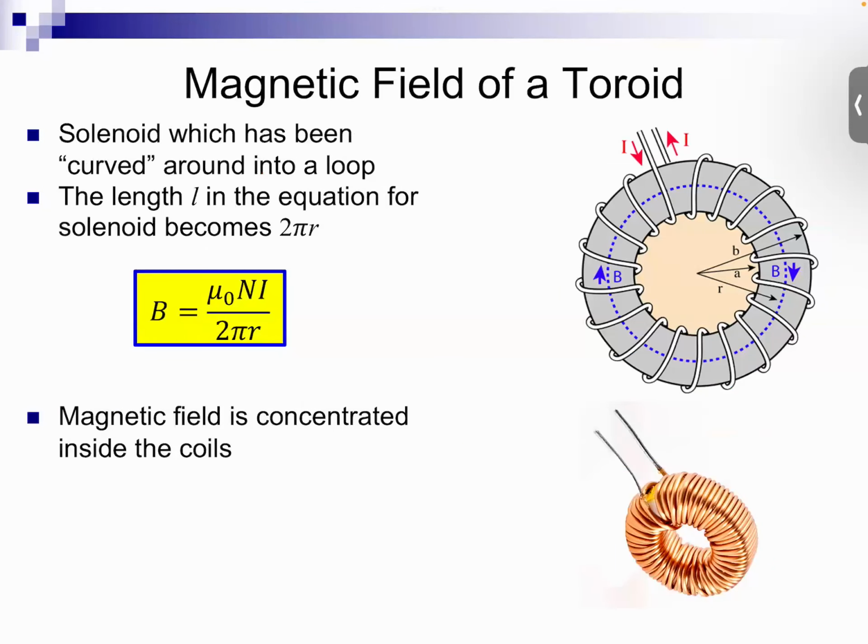For a toroid, it's mu naught Ni over 2 pi r. It's because you have a solenoid of length L and you just bend it around so that you have a circular solenoid, in other words. But we call that a toroid, not a circular solenoid. And hence the length is 2 pi r. R, of course, will be the radius of the toroid.